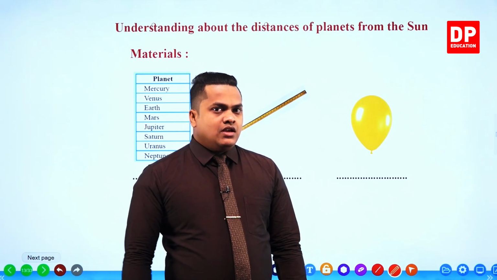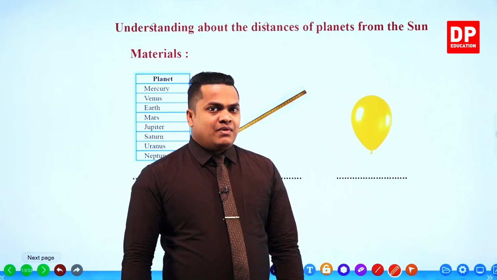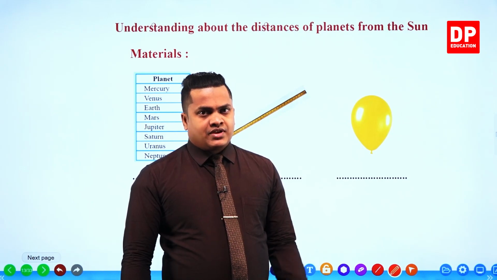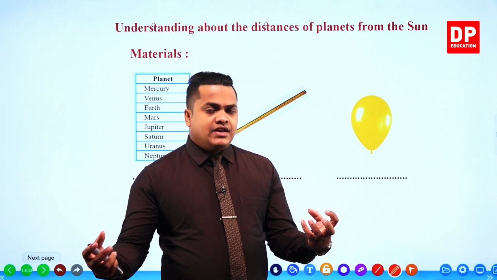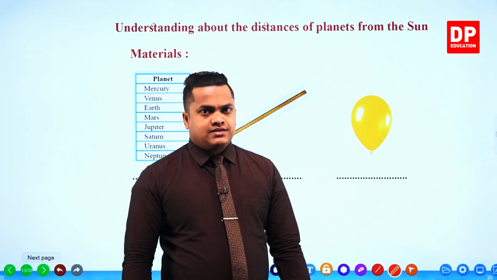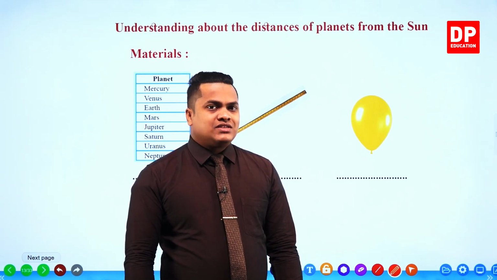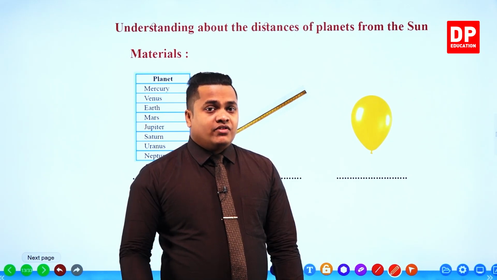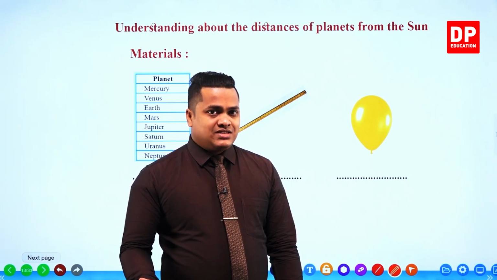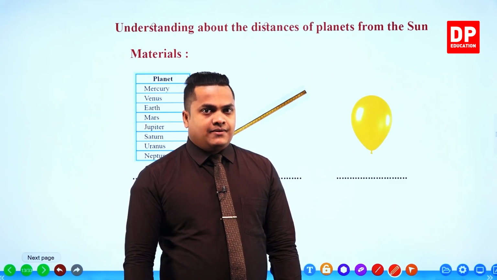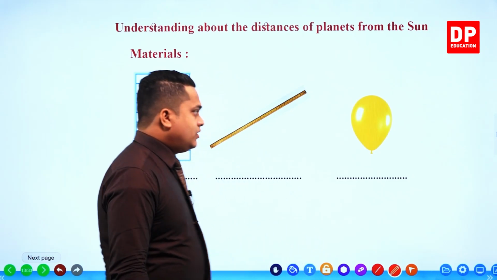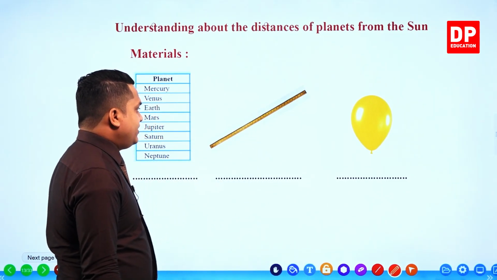So here we'll be identifying how much distance each planet is from the sun. We'll be mainly focusing on the distance within this activity. Right then, let's see what materials we need.